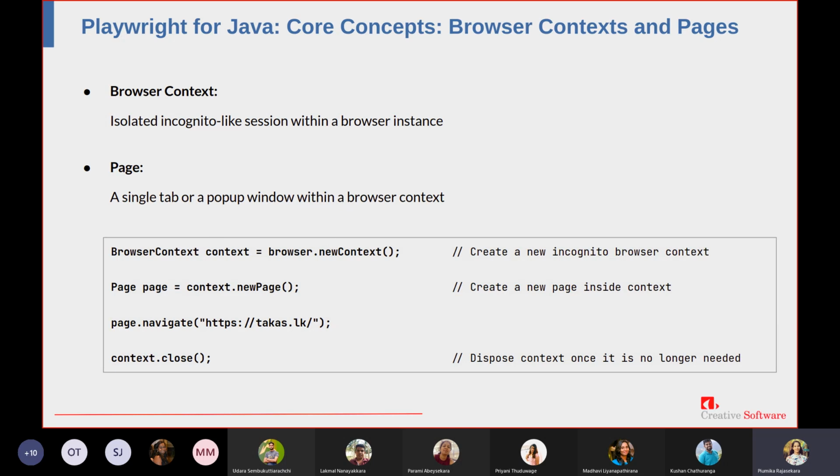We can create a page within the browser context with context.newPage, and then after all the tests we need to run, we can close and dispose our context. Let's see the difference between the same scenario with and without browser contexts.